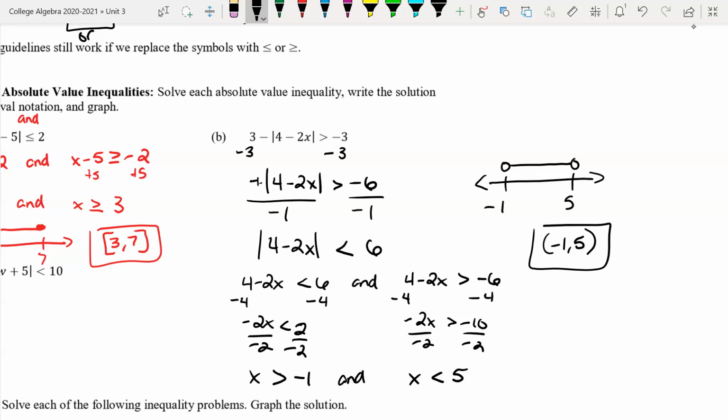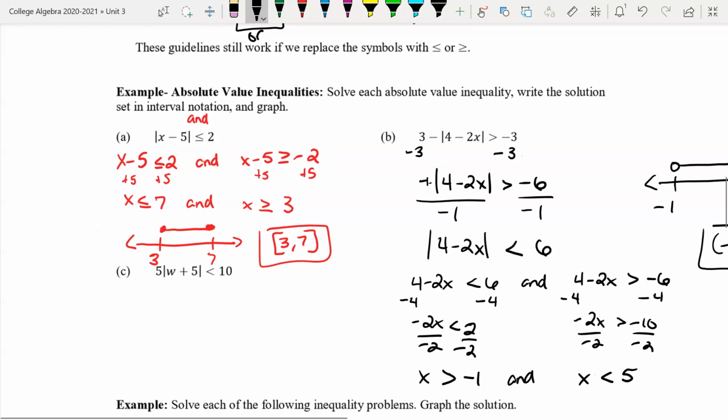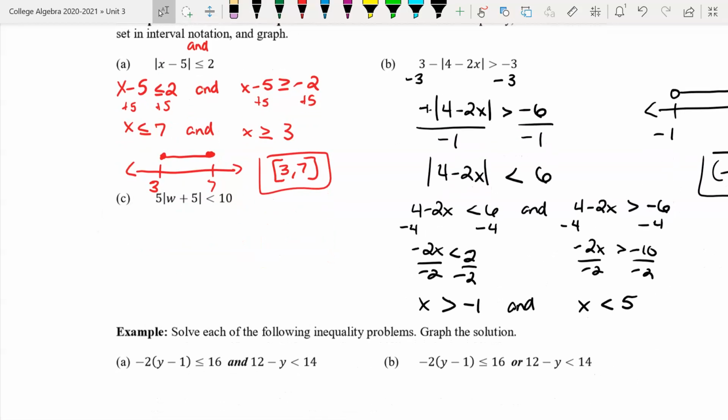I want you to go ahead and pause the video and try C. Right, so your first thing is to get the absolute value by itself and try and solve it. So on C, hopefully the first thing you did was divide by 5. And then you're going to say, hey, it's an and statement.